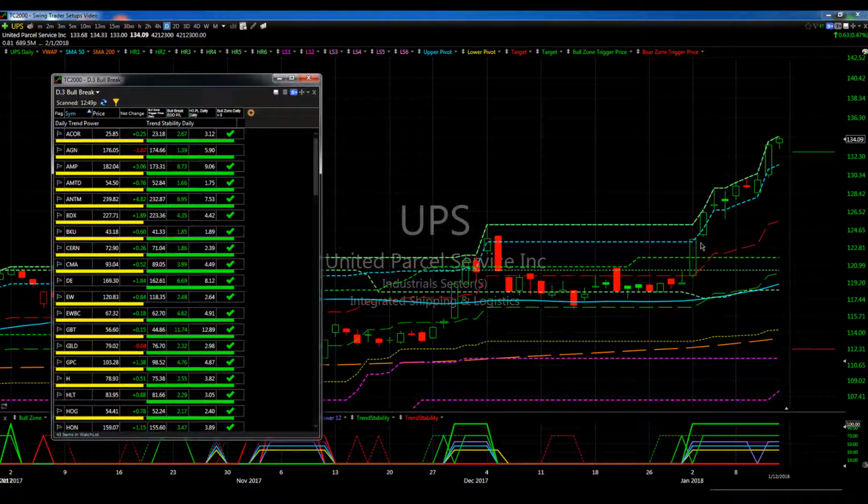So as the bull zone recalculated itself day in and day out, this inside bar, this little doji bar, still maintained this yellow line on this chart. Also, the second day in, my trend stability came in. That's measuring the lows. Are the lows so strong that I can keep this active?